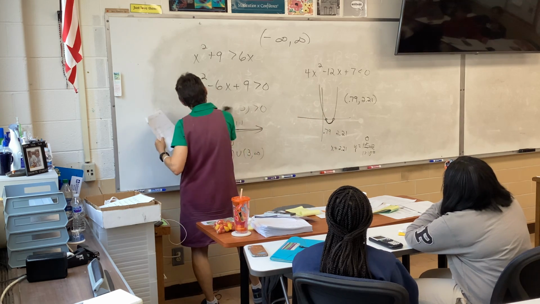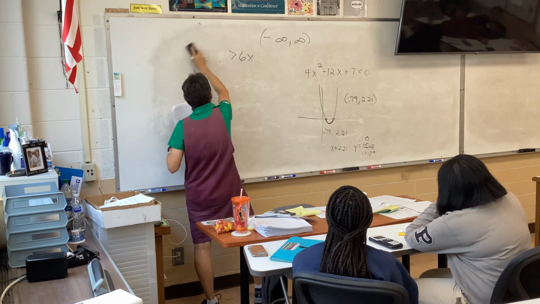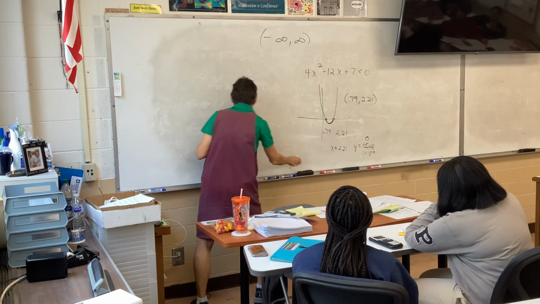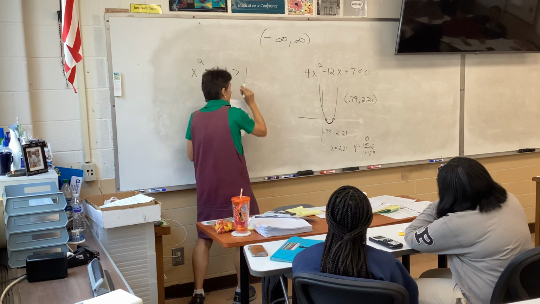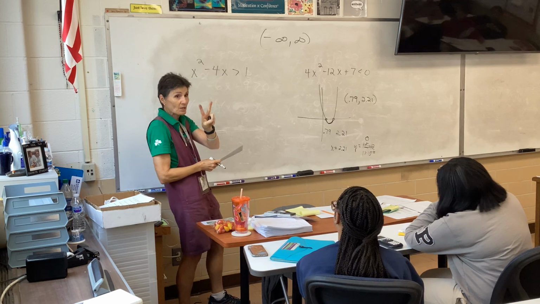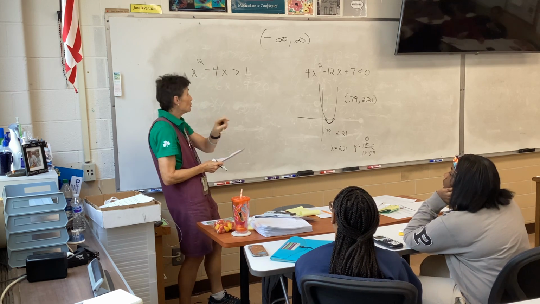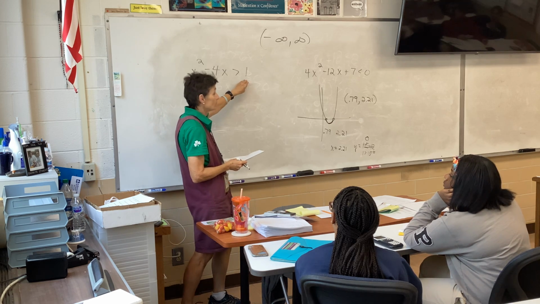Let's look at B. B is set up to do a different way if you want to, but you don't have to. X squared minus 4x greater than 1. If you left it like this, you'd actually put in two equations. You'd put in x squared minus 4x, and then you would put in y equals 1.